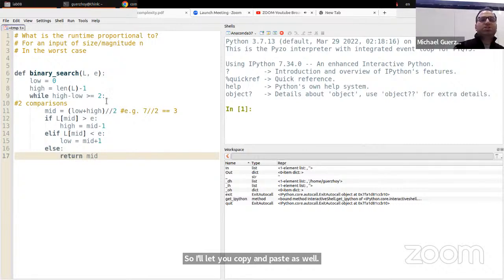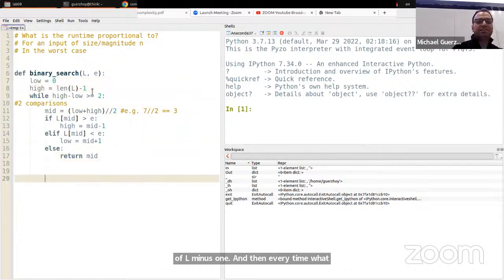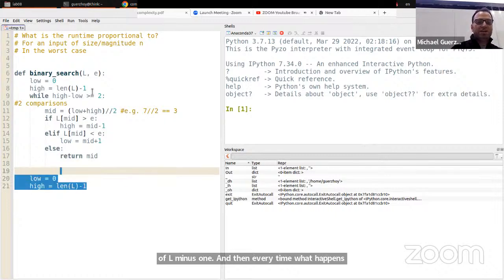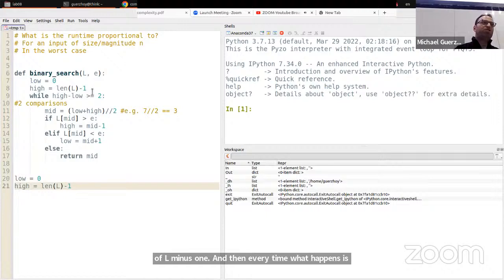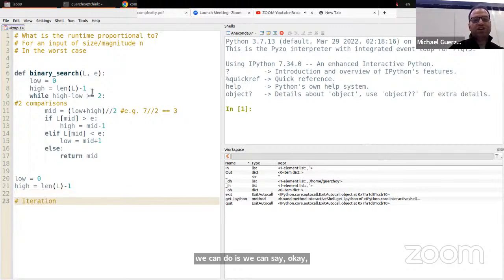So we are starting with low equals 0 and high equals length of L minus 1. And then every time, we either change low or we change high, right? So during iteration 1, high minus low is length of L minus 1.